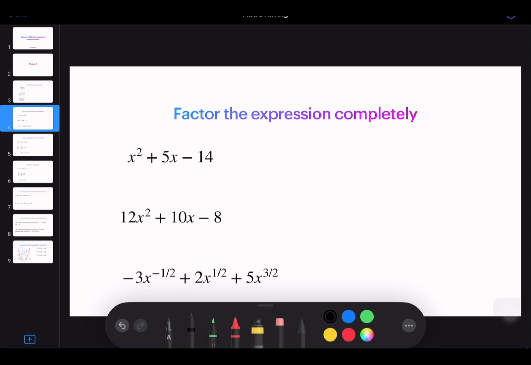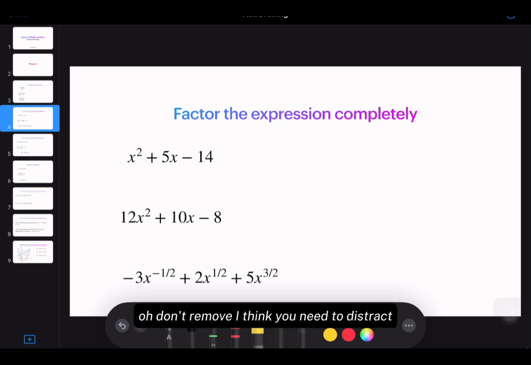Yes. Yeah. So you want to remove this part? Not remove. I think you need to just factor it. Yeah. Right.